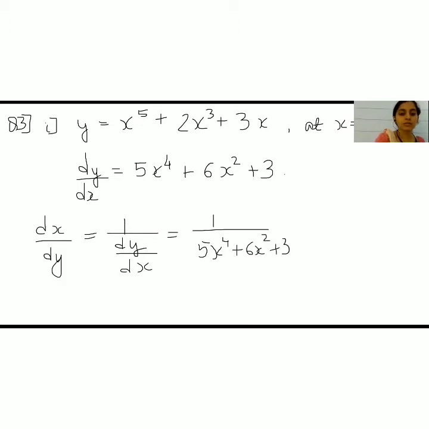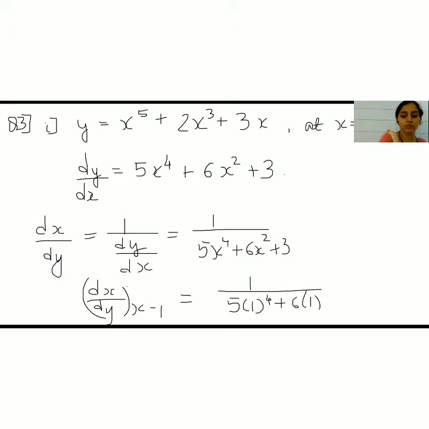This is dx by dy, and now dx by dy at x equal to 1 is equal to 1 upon 5 times 1 raised to 4 plus 6 times 1 raised to 2 plus 3.